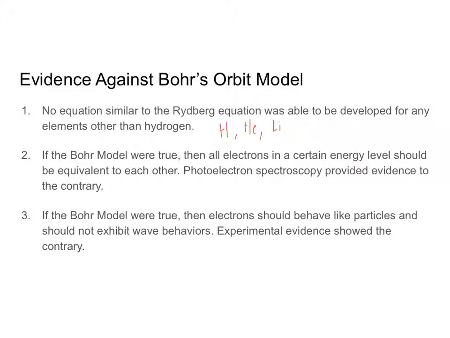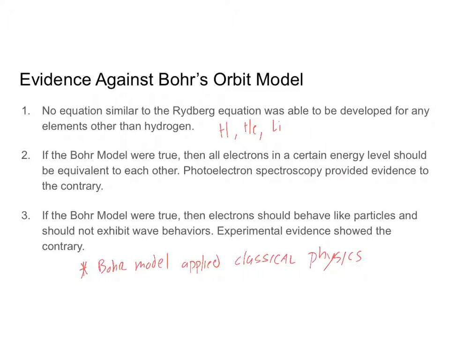Also, if the Bohr model were true, the electrons should behave like particles and not exhibit wave-like behaviors, and yet we know that they go both directions. Another way to think about it is that the Bohr model really applied classical physics, so things like motion and models you could hold in your hand, and it didn't think about it in terms of the mathematical properties of the data.